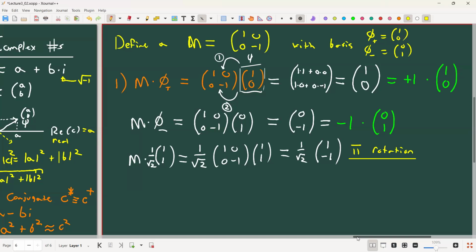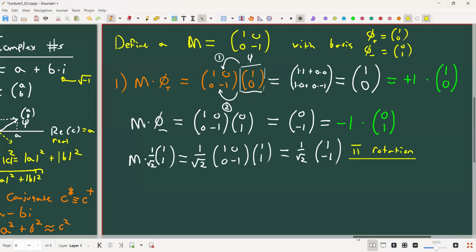And this is actually the definition of a basis state. So what we have now is we've identified 2 vectors that when measured by the matrix M are left unchanged. And then there's another vector we put in that does change.